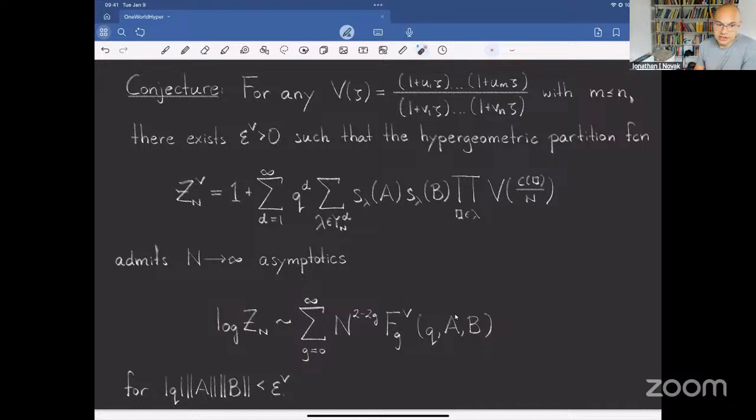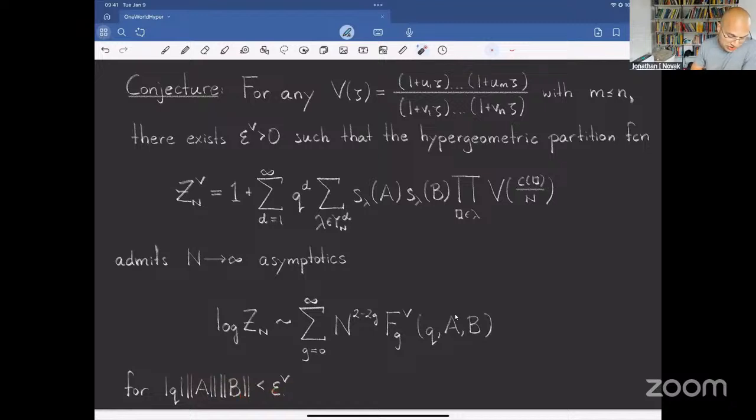This is an n to infinity asymptotic expansion, which means that, if this is a divergent series, but if you stop it after finitely many terms, the error is going to zero faster than the exponent of the term at which you stopped. And this estimate is uniform over modulus of q times spectral radius of A, spectral radius of B, sufficiently small, depending on the potential.